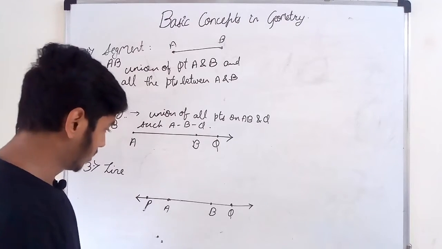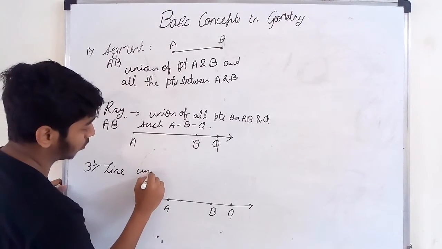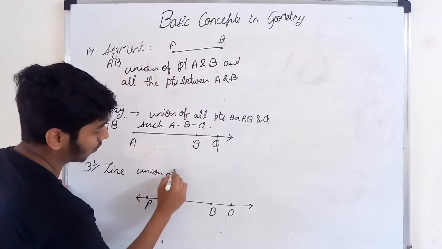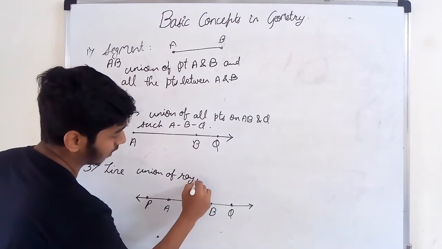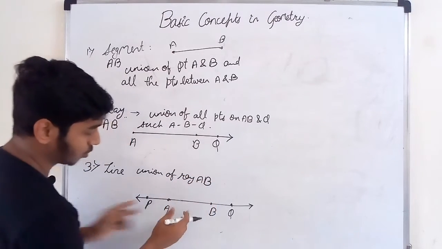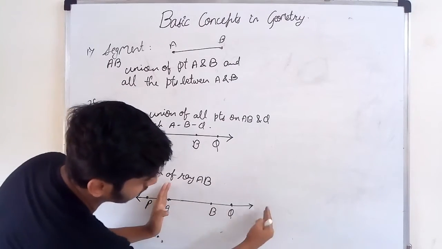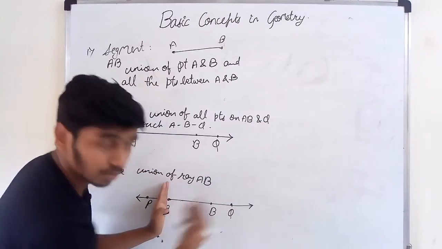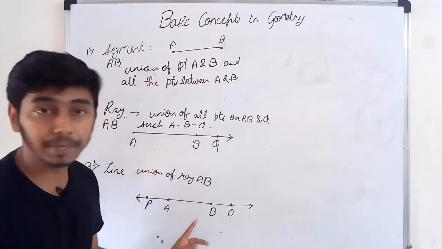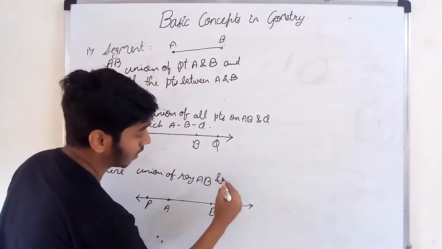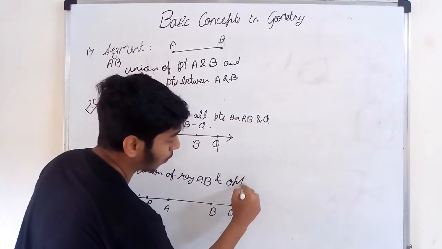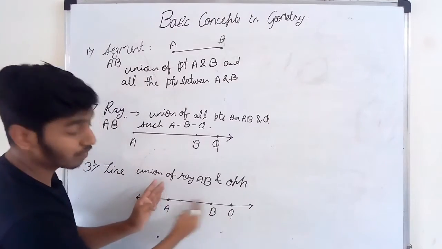So this is ray AB, from this point to this point. That is the union of ray AB and the opposite of ray AB.